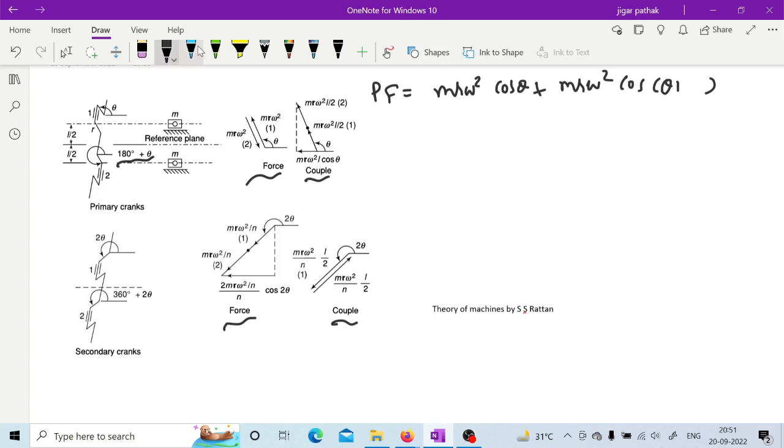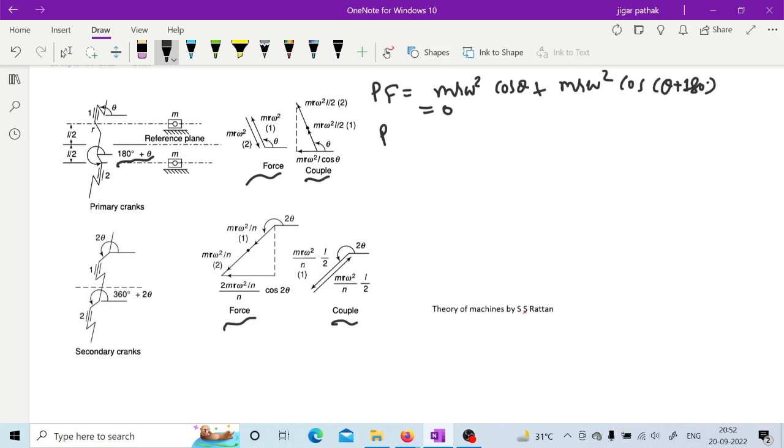Cos of theta plus 180 is minus cos theta, because there is a change of sign. So the primary force will be 0.